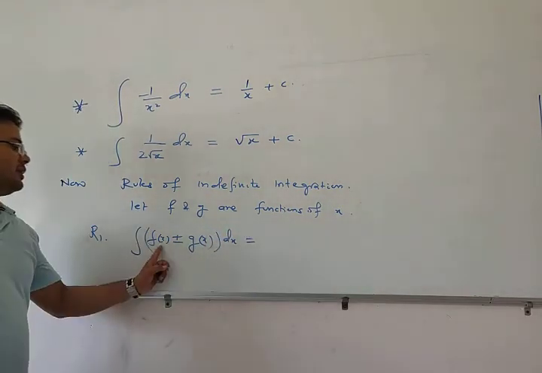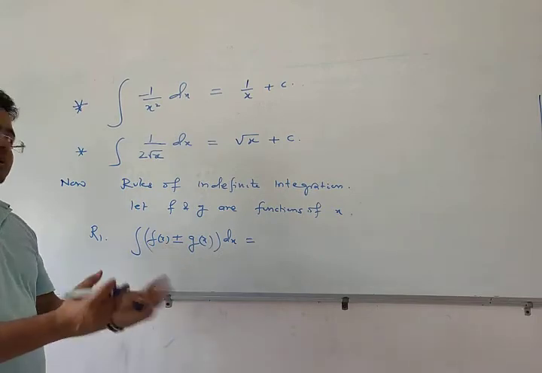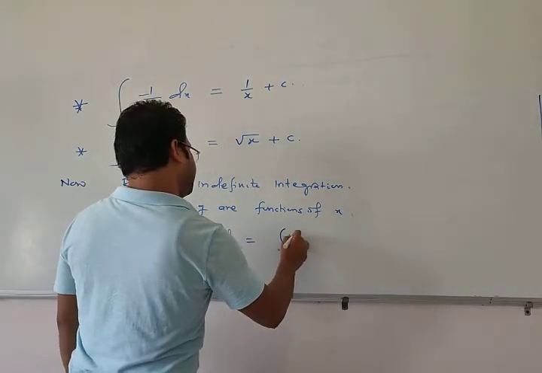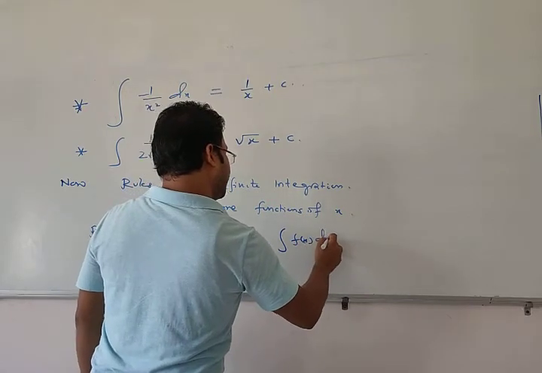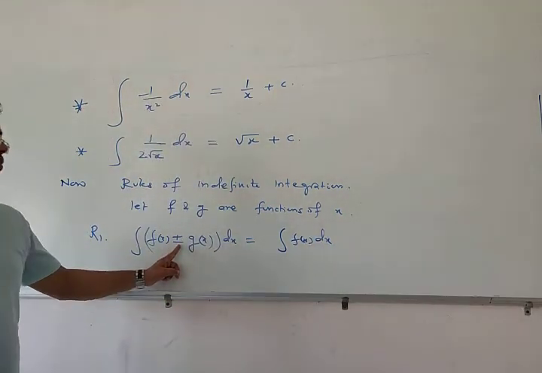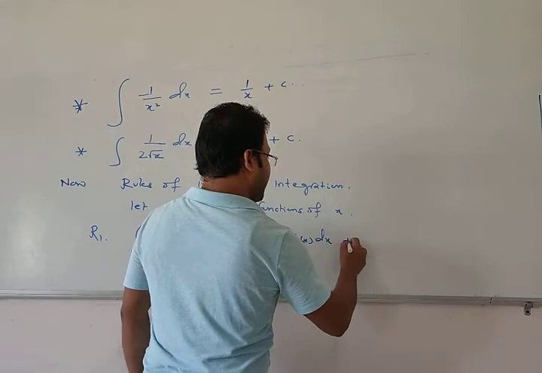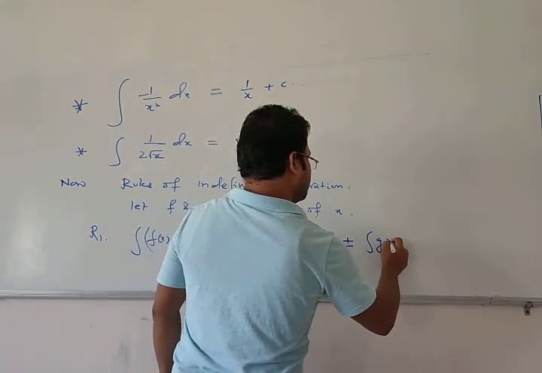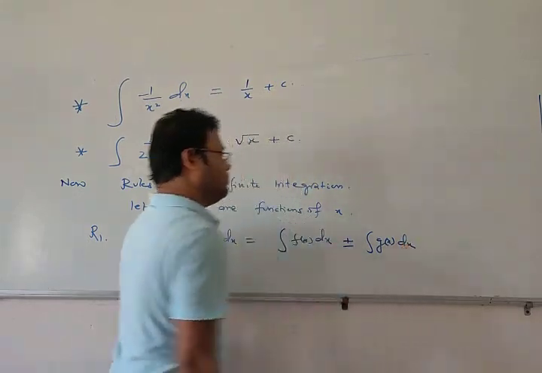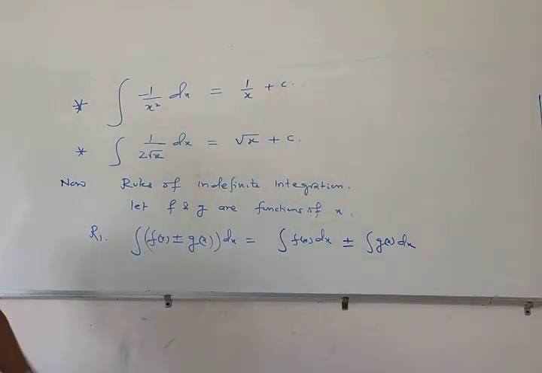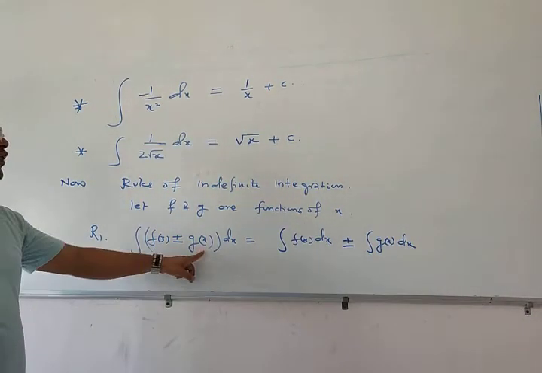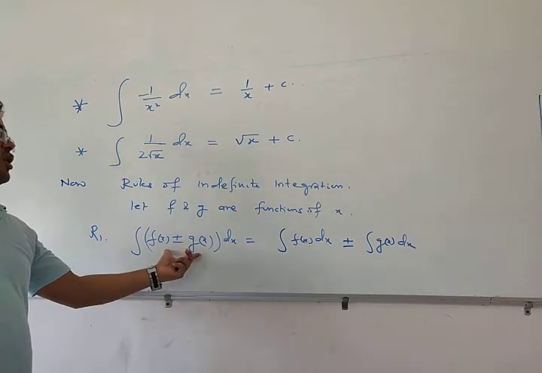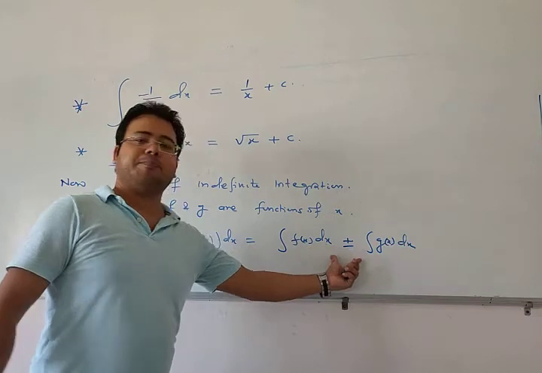You can separate the function fx dx in separate integrals. You can write like this: integration of fx with respect to x, either plus or minus, integration of gx with respect to x. Means you can split it. If two or more functions are together with plus or minus sign, you can separate them.